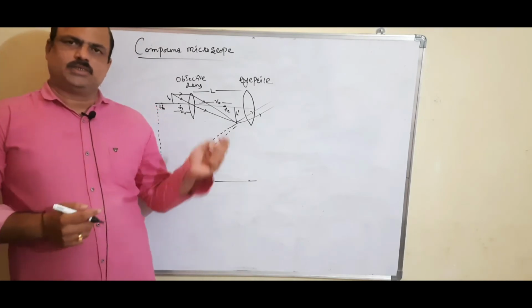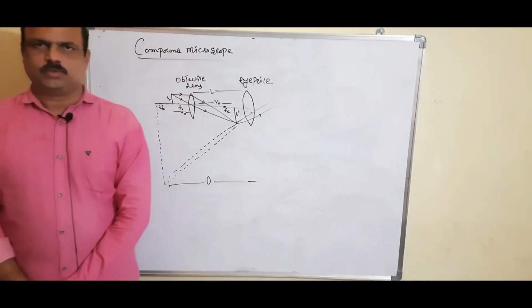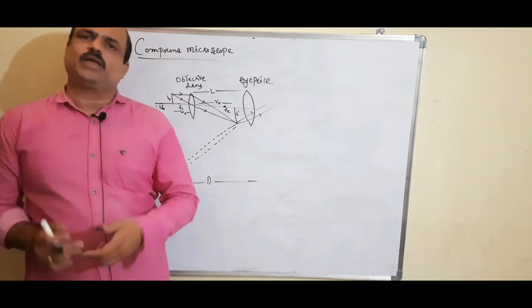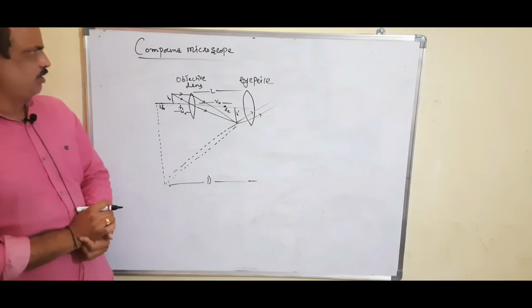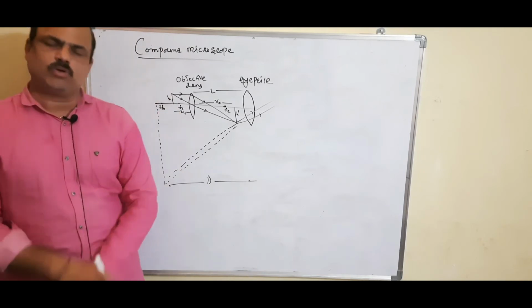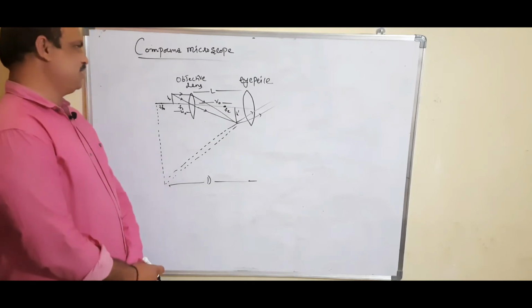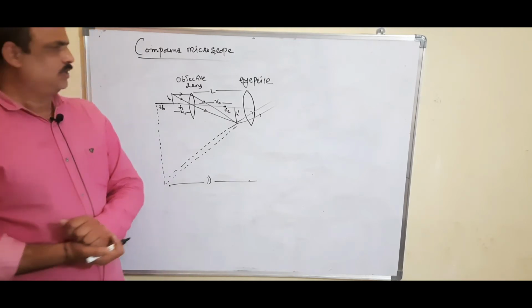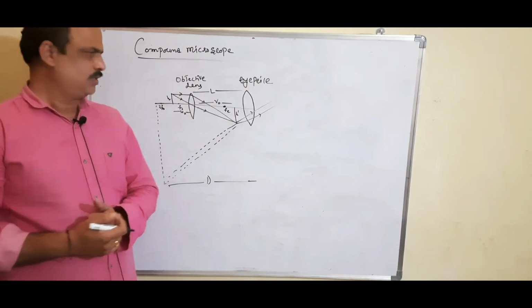So now let us discuss the compound microscope. To get large magnification, we use another microscope, that is compound microscope. This compound microscope has two lenses. One is the objective lens and another is the eyepiece.